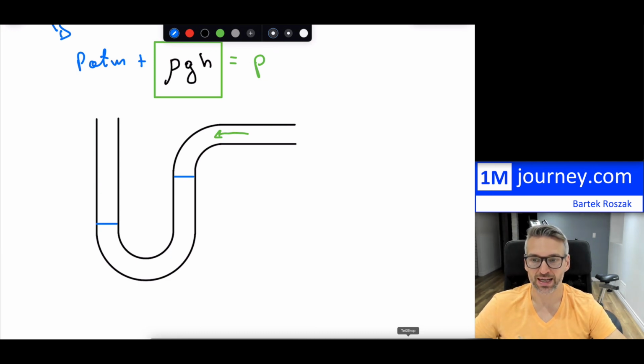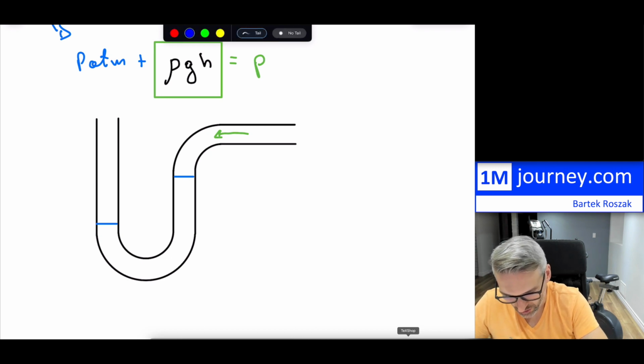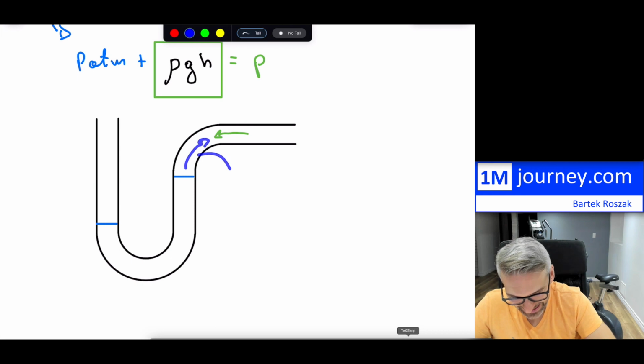So on the right-hand side, I do have my atmospheric pressure, which is pushing this, and somehow the atmospheric pressure within here has allowed this to go up. Now, if it's going up, that means you might have negative pressure in here, so negative gauge pressure.